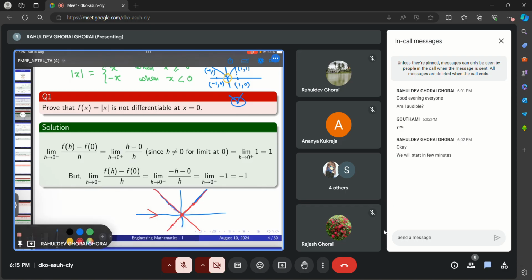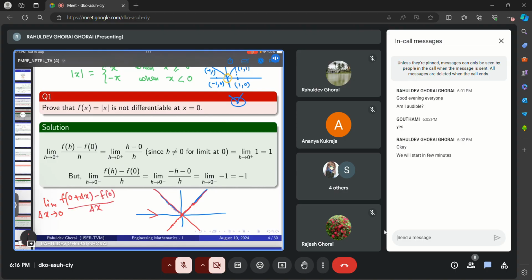So you can never get the same limit. When you take the ratio and you take the right hand limit and the left hand limit, they are different. So the limit as del x tends to 0, by the definition, we need to check at 0: f of 0 plus del x minus f of 0 over del x, right?